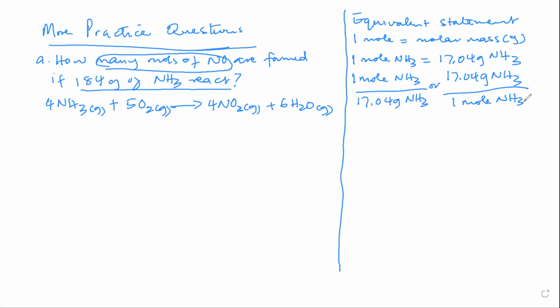So now, we first have to convert grams of NH3 to moles. Then we go from moles of NH3 to moles of NO. So the mole ratio: look at the balanced equation.